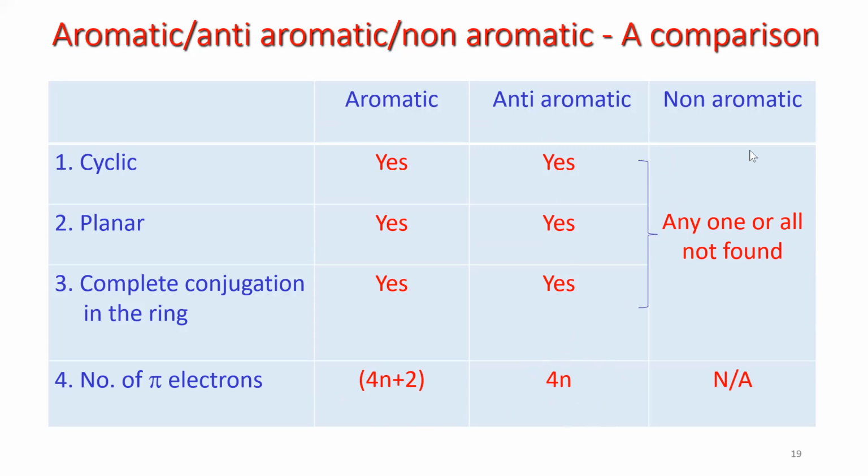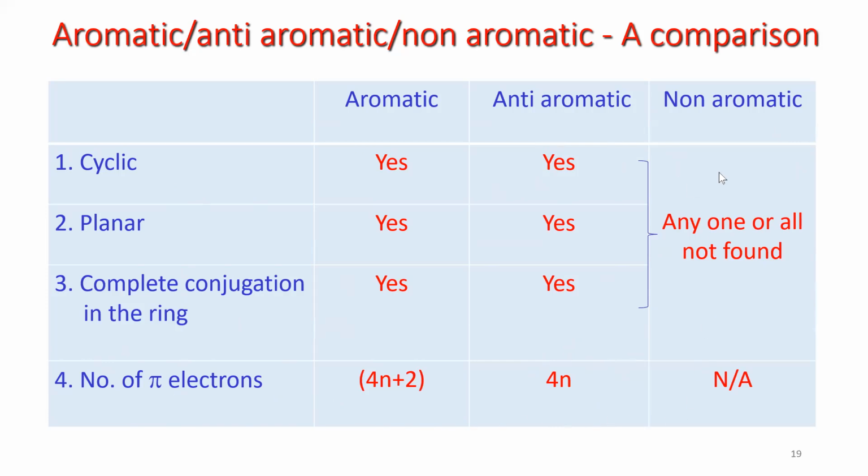And what are non-aromatic compounds? One of these things could be absent in them, right? You don't have to consider the number of pi electrons, because if the system is not cyclic, or if it is not planar, or complete conjugation in the ring is not there, they are non-aromatic compounds.